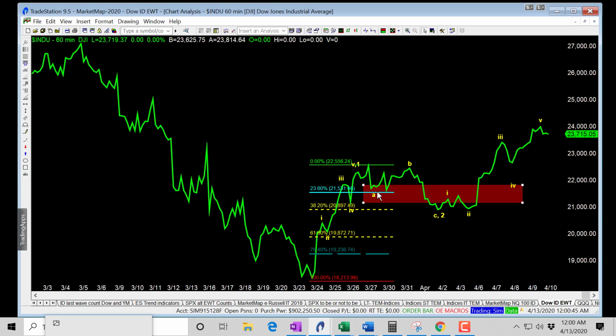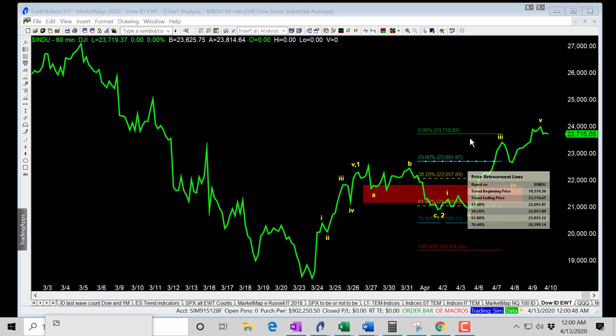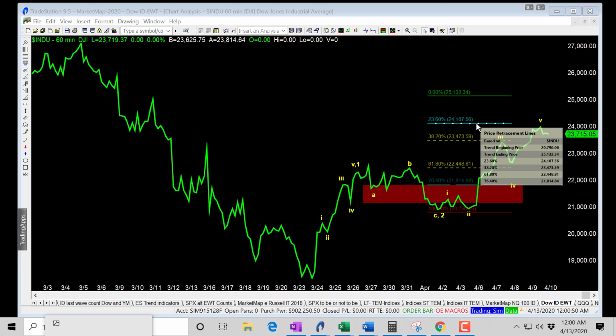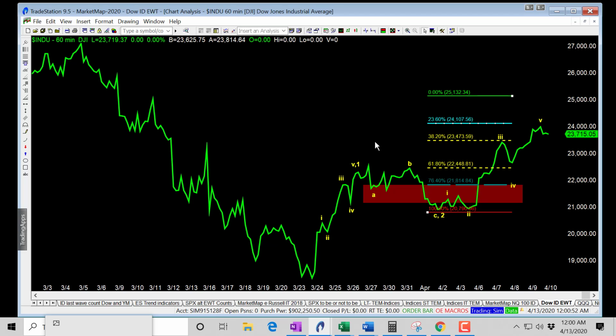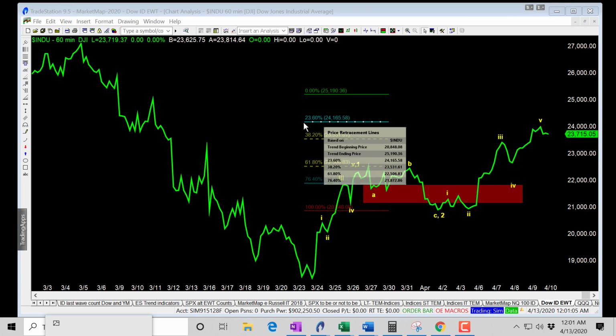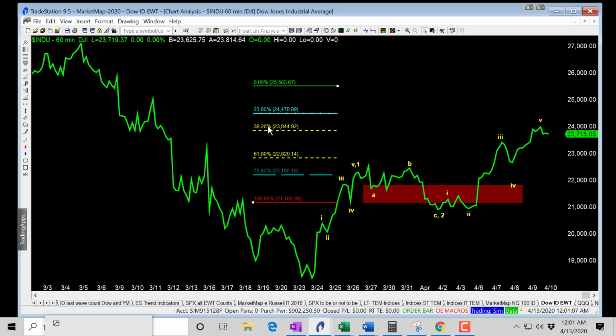You can project the target by using a ratio or percentage of the first 5 waves, and here's your target. Okay, so that's basically the strategy. Once you have a forecast, then you can develop your trade plan and execute.